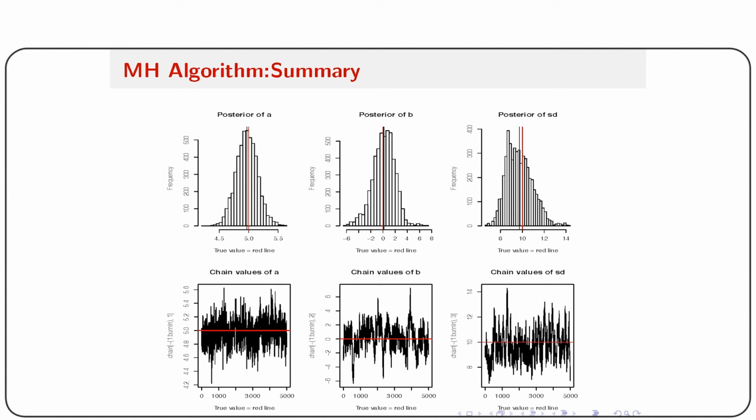These codes will give these plots: the posterior A, posterior B and posterior SD, and the red value is the true value, showing how the different values generated for that parameter are distributed around the true value. These red lines in all the cases are the true values.